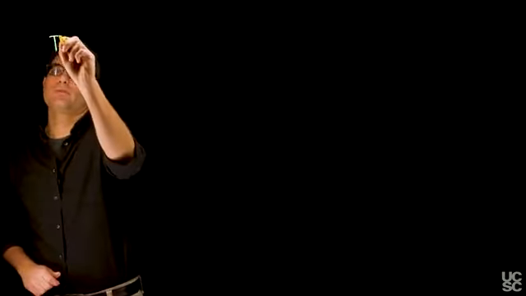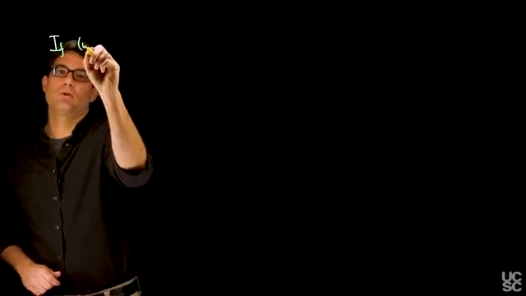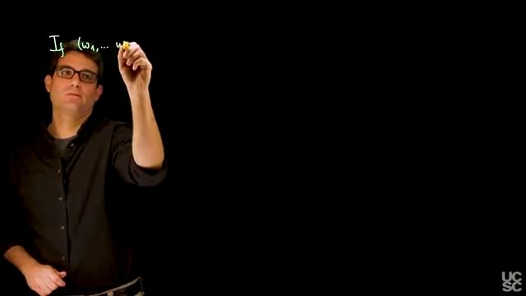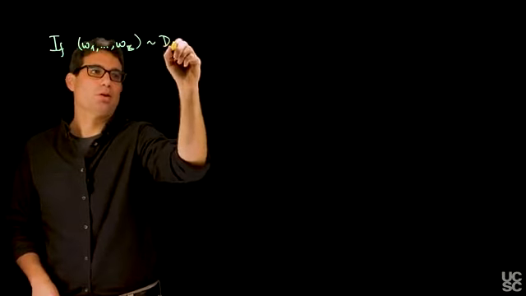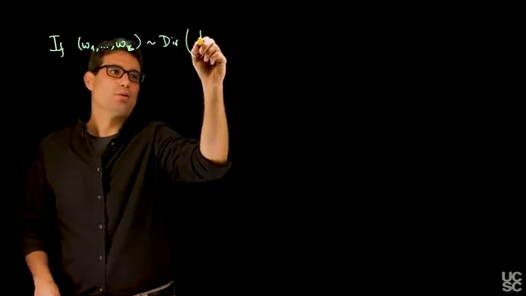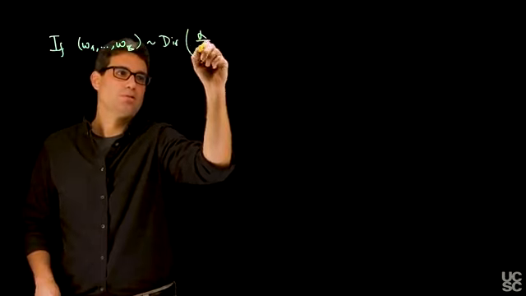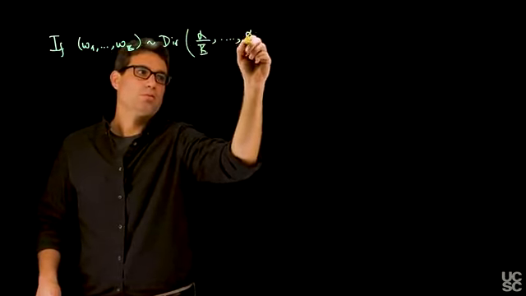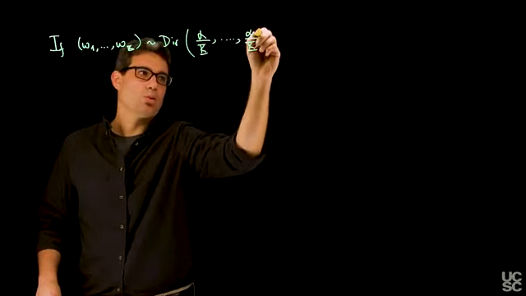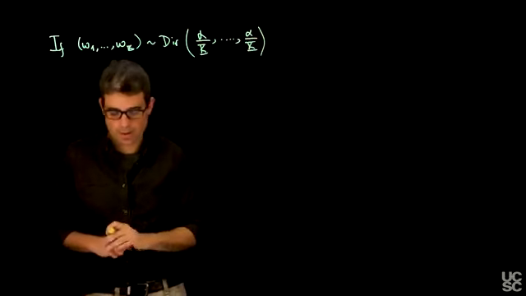So if omega 1 to omega capital K is given a Dirichlet prior with parameters alpha over K, alpha over K, all the way for all K values that I need up there.